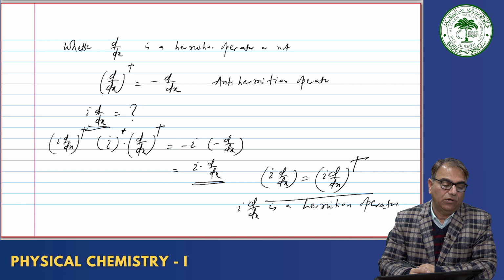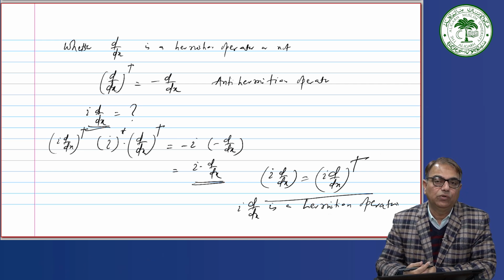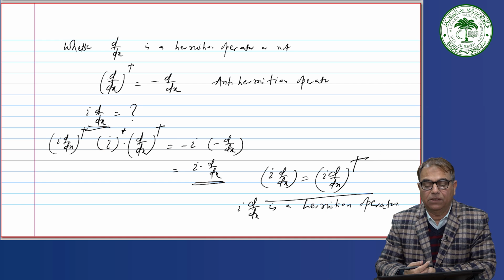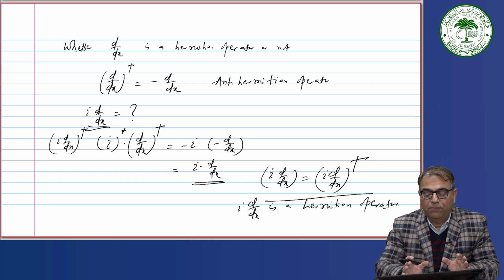So this way you can find out about any operator whether it is a Hermitian operator or not using the concept of the dagger operator. So today we talked about whether the operators in quantum mechanics commute with each other or not, and what conjugate variables are.